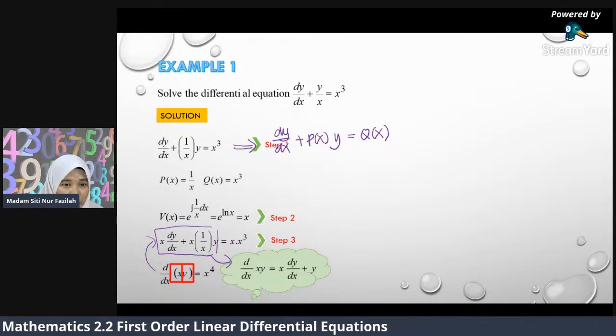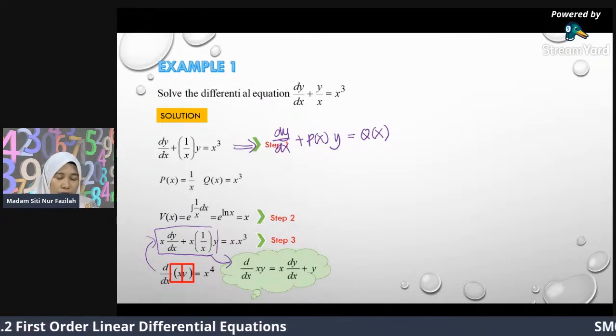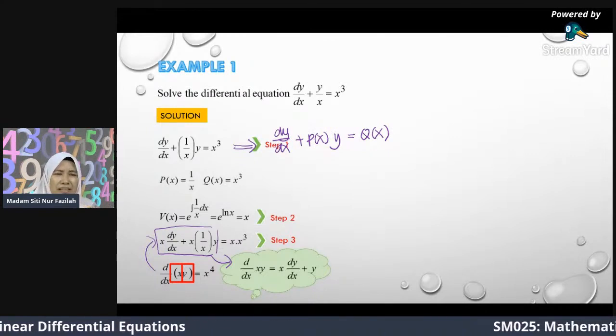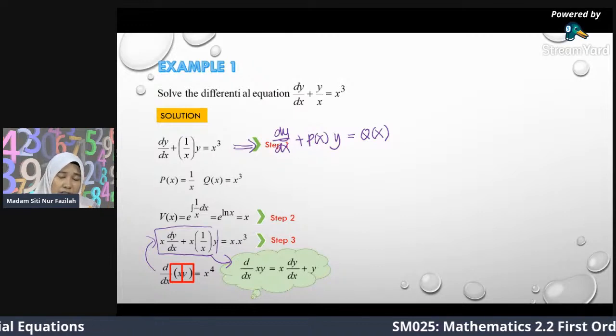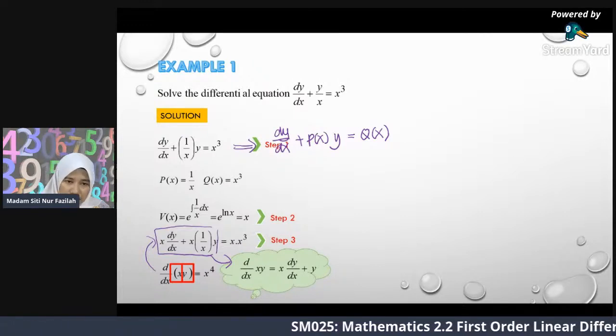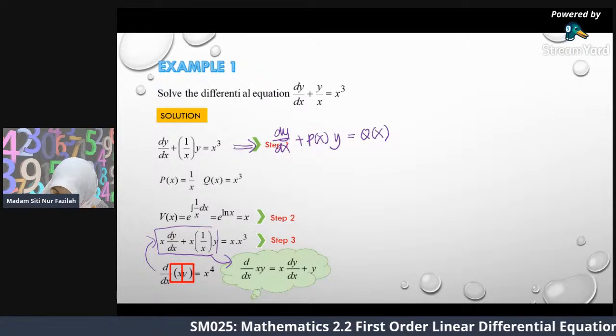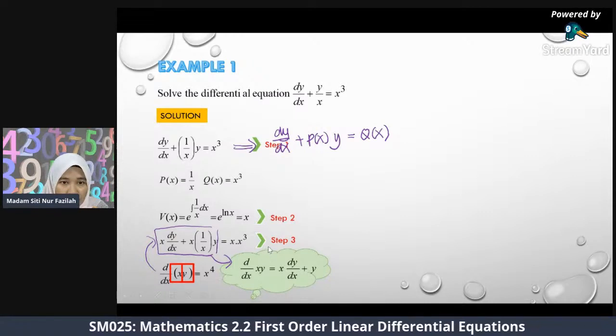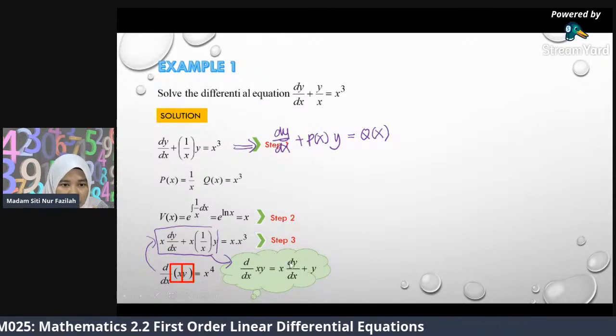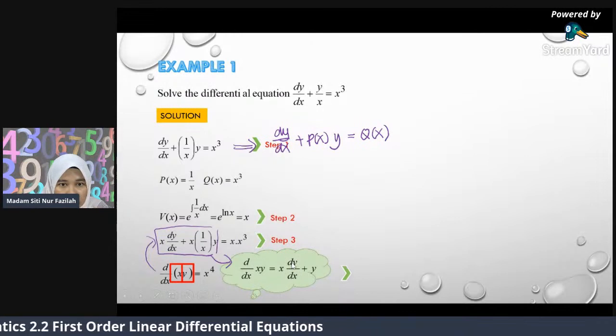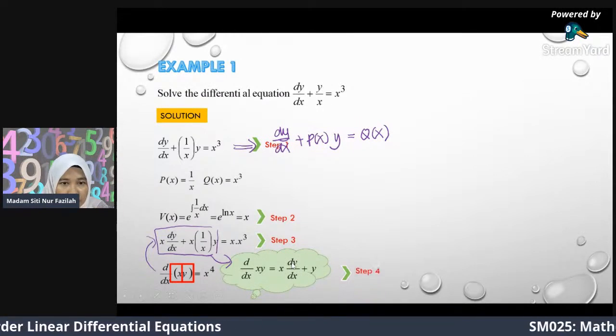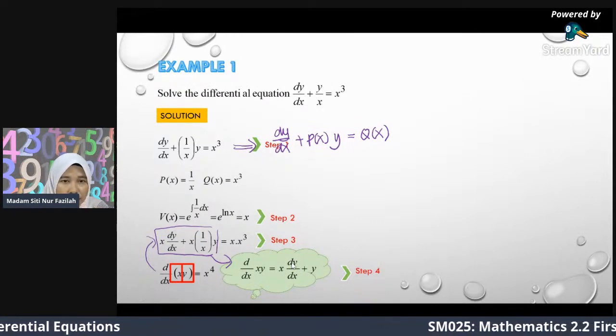The output of the product rule needs to be expressed as a differentiation, d over dx. This is step 4.